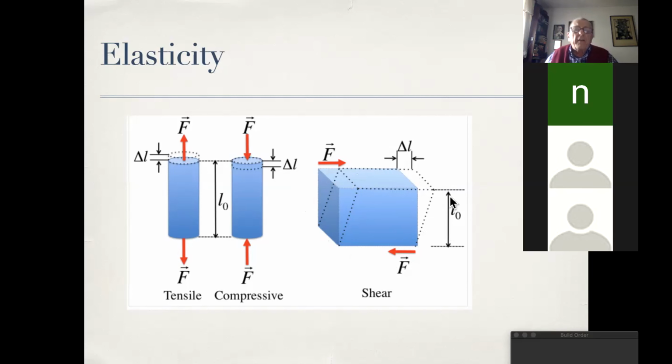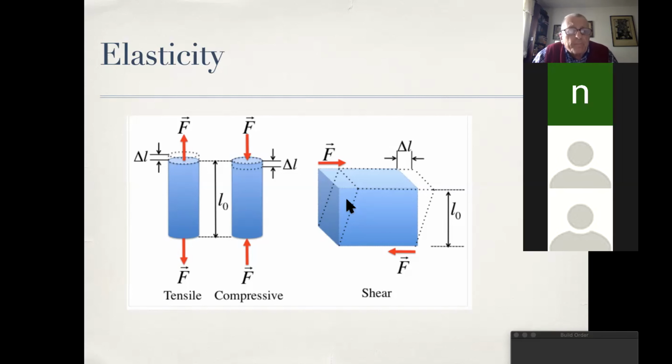So now we have a complicated situation. The length of the cube was L0. Now there is an increase in that direction, delta L, but there is a different change of the length of what was previously the vertical edge.